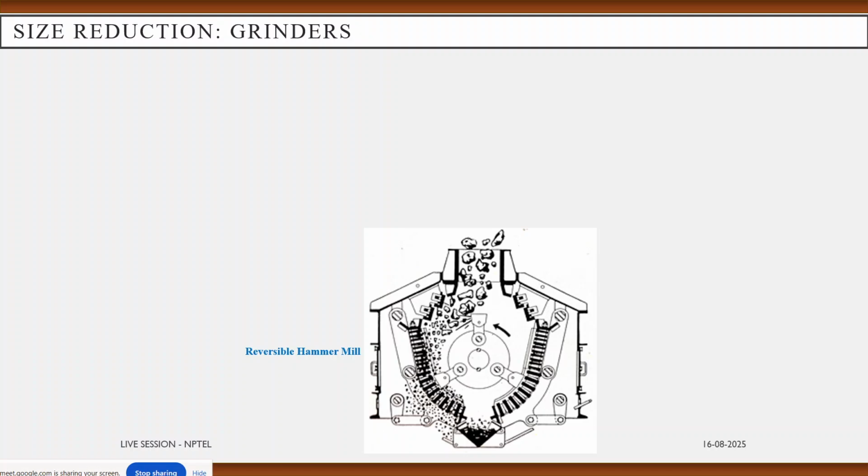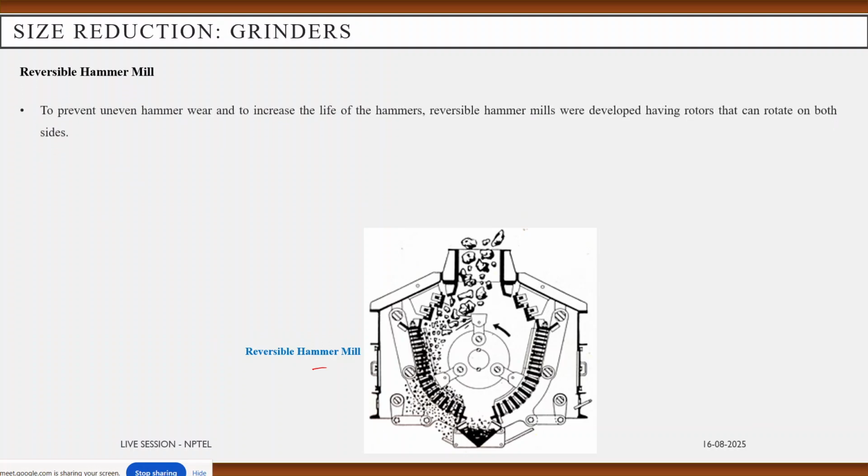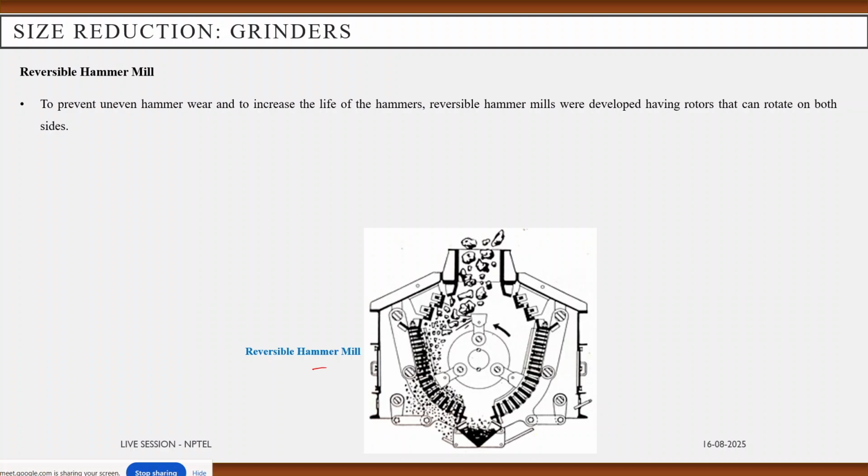So we have discussed about the hammer mill. There is another type of hammer mill, that is the reversible hammer mill. So here what is happening, to prevent uneven hammer wear and to increase the life of the hammer, reversible hammer mills are used, having rotors that can rotate on both sides.